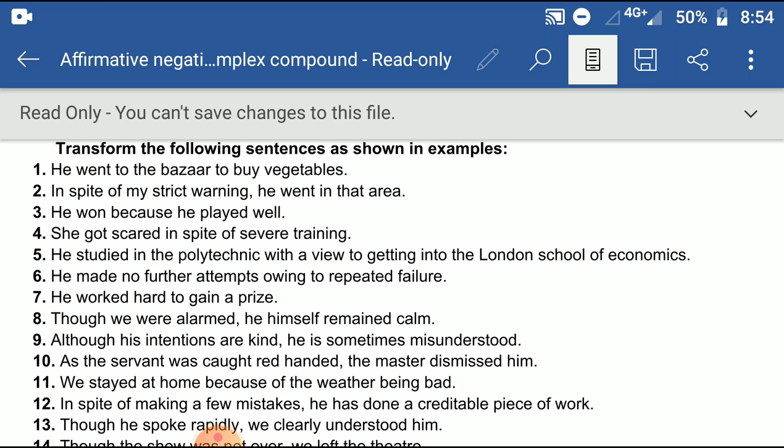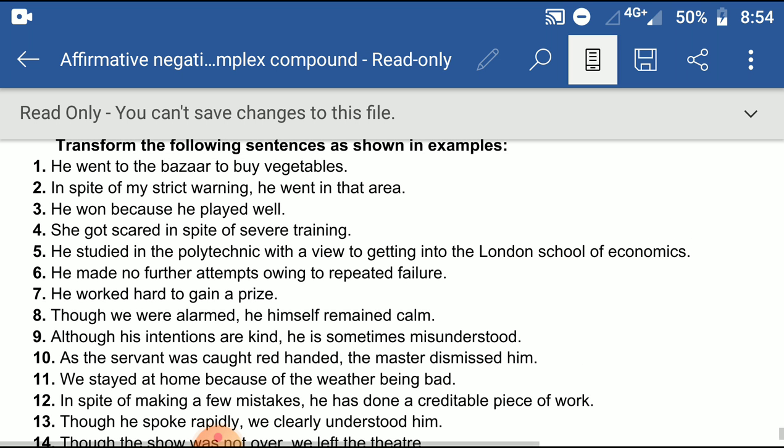Now when an adjective plus noun is given, we have to change it into a verb and adverb. So strict will become strictly. So: though I warned strictly, comma, he went in that area. The second part will remain unchanged.